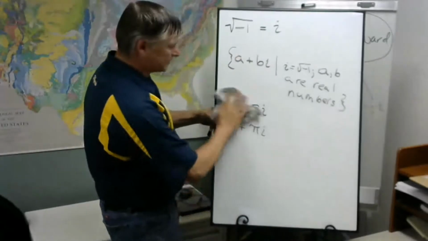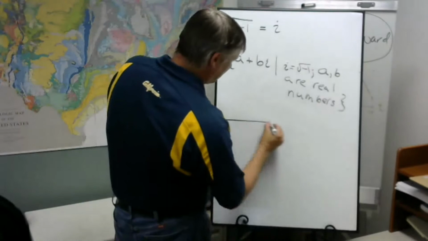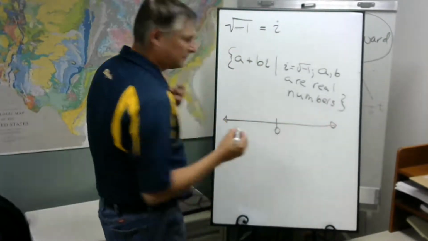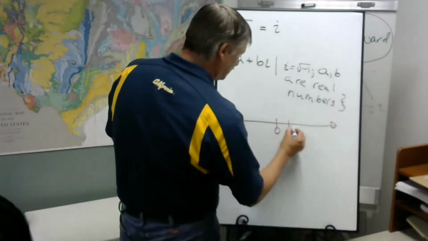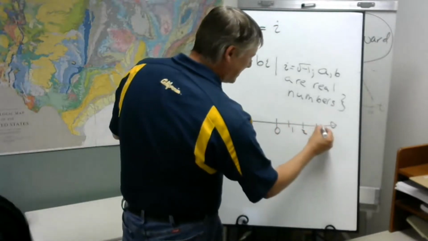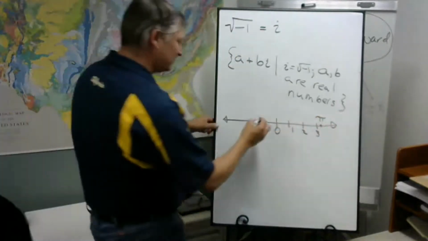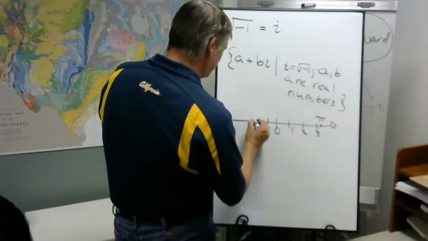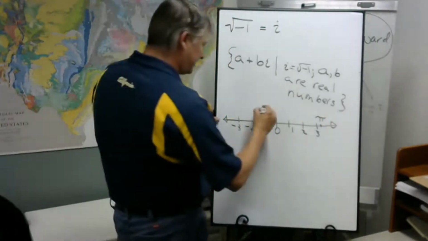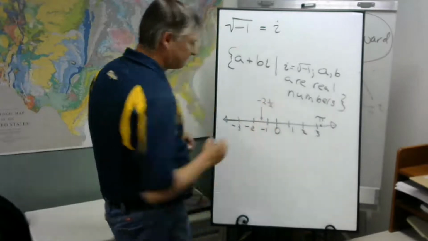Now, real numbers that we're familiar with, we graph those on the real number line. We've seen this before. So this could be 1, 2, 3, and so on. Pi, it's on the real number line. It's somewhere out there, right around there. And let's see, -1, -2, -3. So right here would be -2 1/2.